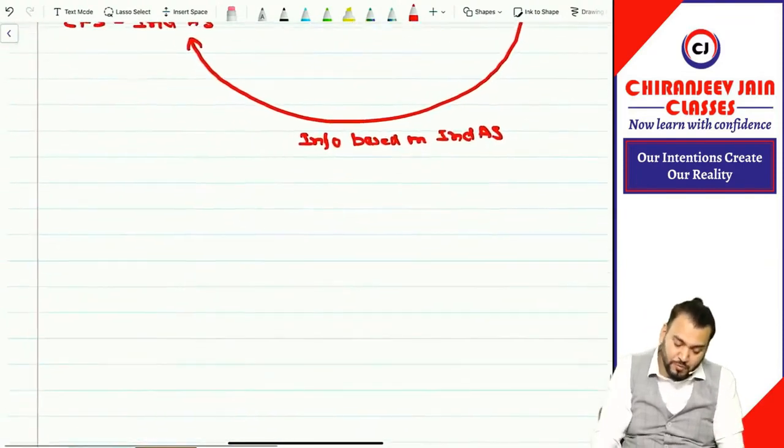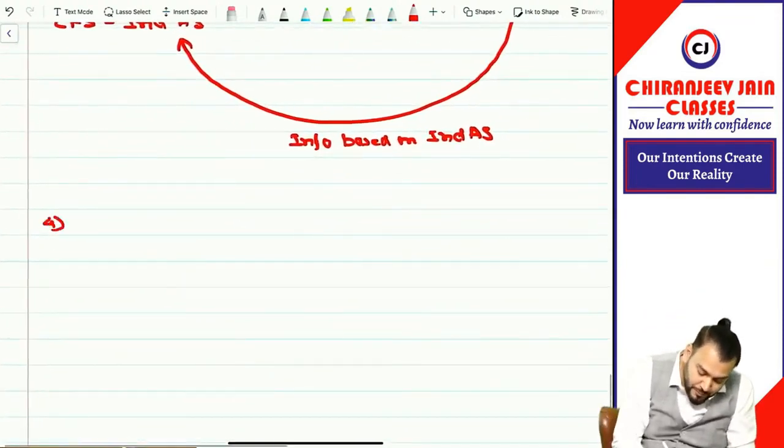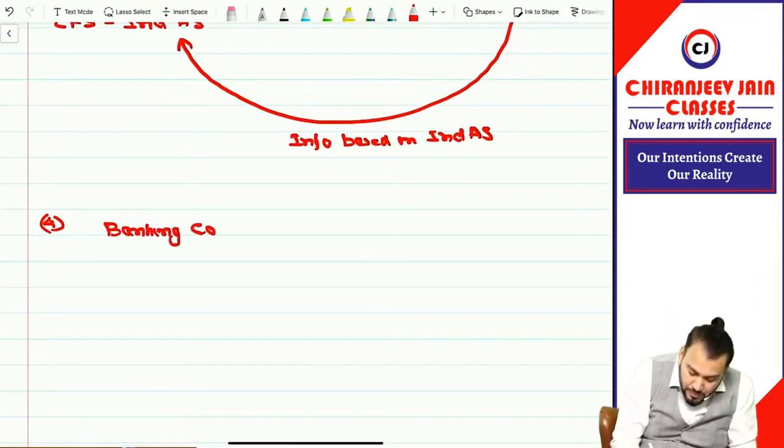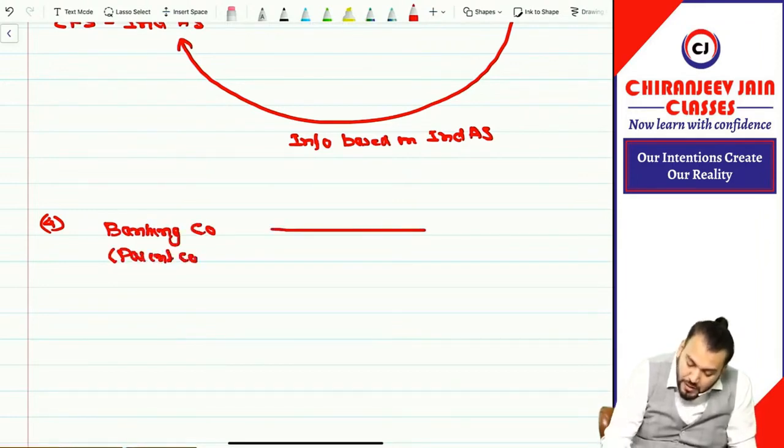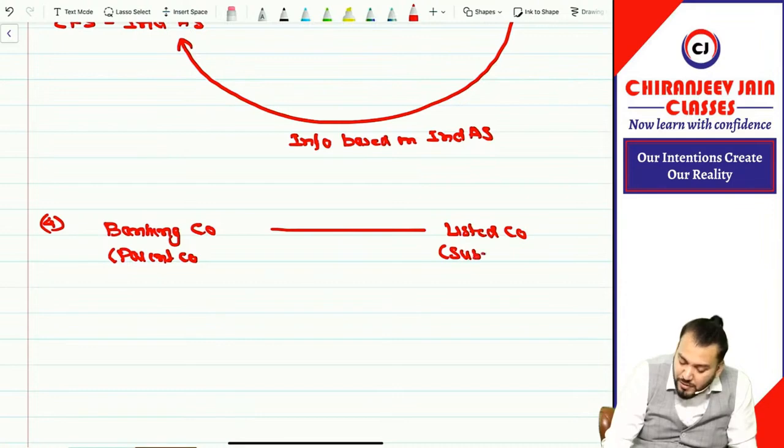Got it? One more, point number 4. Suppose there is one banking company which is a parent company, and there is one listed company which is not a banking company, but it is a subsidiary. Quite possible.